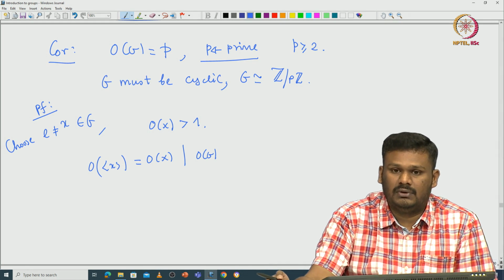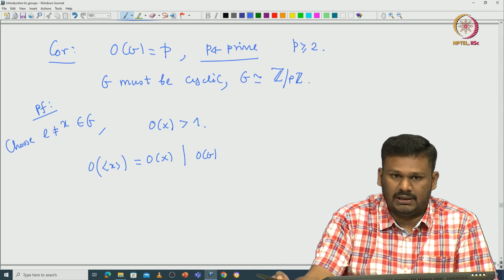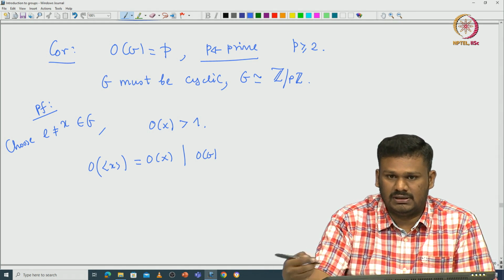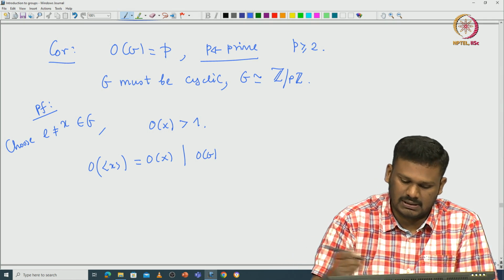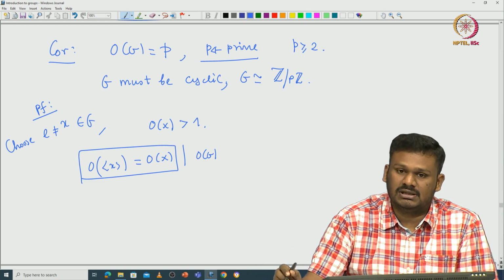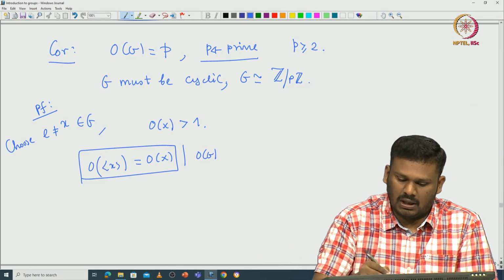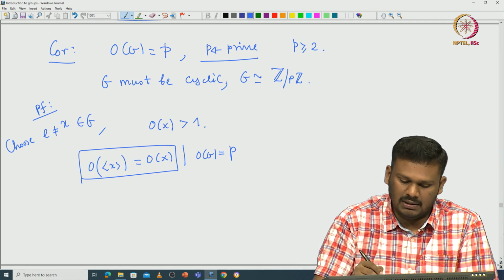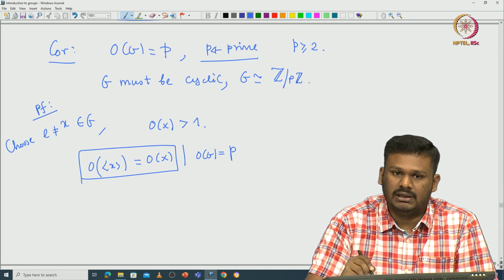So, the order of an element x is nothing but the order of the subgroup it generates. This is something we have already seen. In particular, the order of x must divide the order of G, but the order of G is a prime number p, and the order of x is greater than 1.